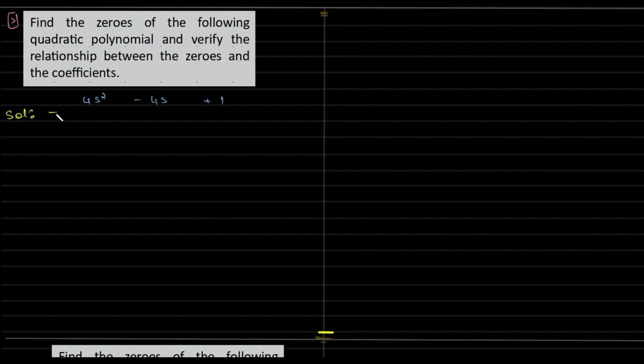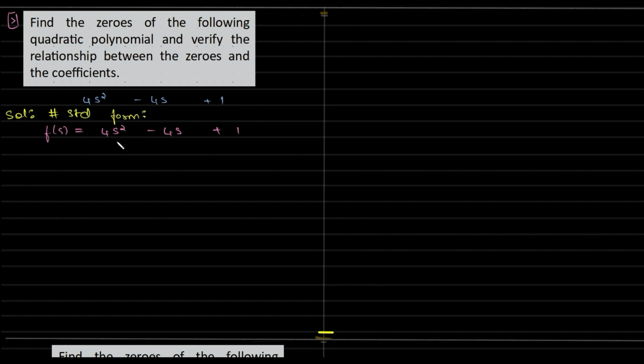So first we'll have to write the given expression in the standard form. Okay, so we are looking at f of s is equal to 4s square minus 4s plus 1. A few of you might be confused, why is it s, why not x or something? It could have been anything, they have just put s.